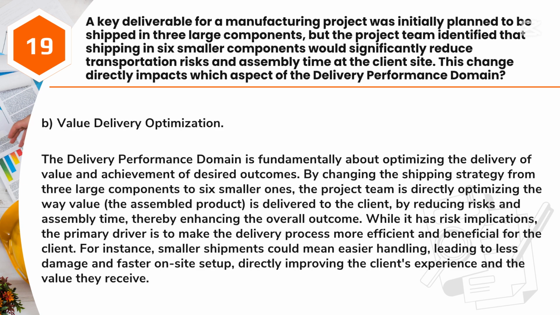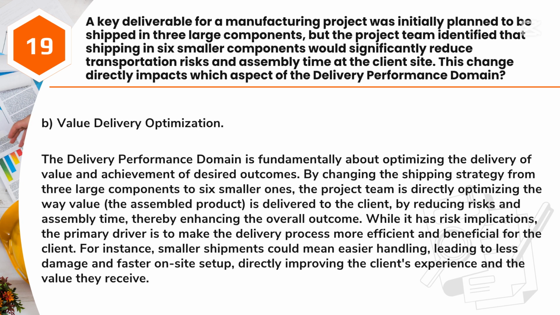Answer: B. Value delivery optimization. The delivery performance domain is fundamentally about optimizing the delivery of value and achievement of desired outcomes. By changing the shipping strategy from 3 large components to 6 smaller ones, the project team is directly optimizing the way value, the assembled product, is delivered to the client, by reducing risks and assembly time, thereby enhancing the overall outcome.